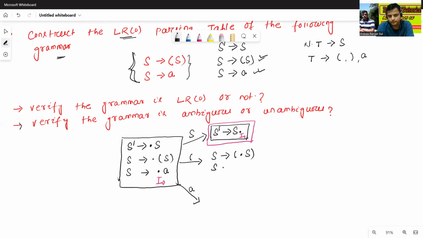So S to dot open bracket S close bracket S, and S to dot A. So this is the I2 state. This state is called I2.